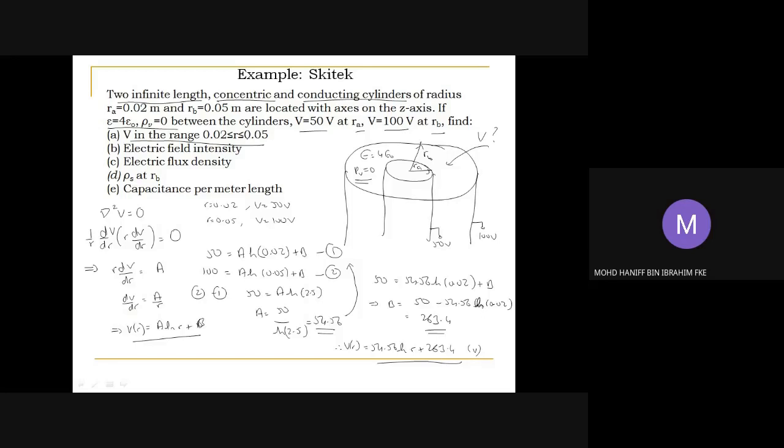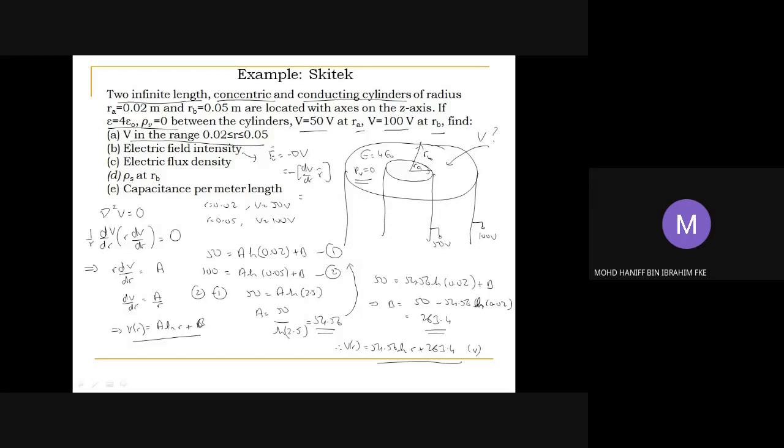Okay, so next is to find the electric field intensity. I think that should be no problem at all for part B here. Based on the gradient method, E shall be equal to negative grad of V, and the gradient should be based on the cylindrical system of coordinates. Knowing that V has variation with regard to r direction only, the gradient of V is dV over dr in the direction of r.